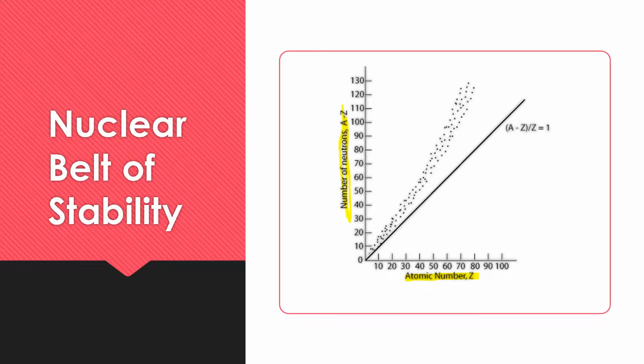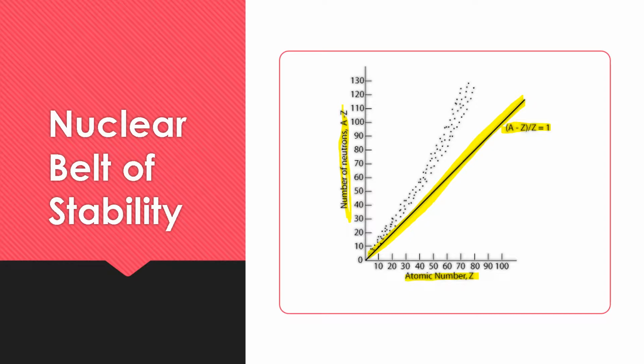The whole purpose of the belt of stability is to predict the type of radioactivity, and it will also show us that an isotope is more stable if it has a ratio of protons to neutrons that is 1 to 1.